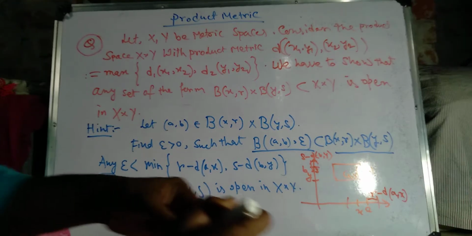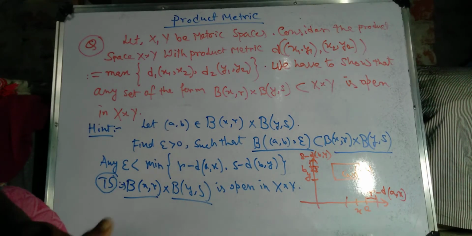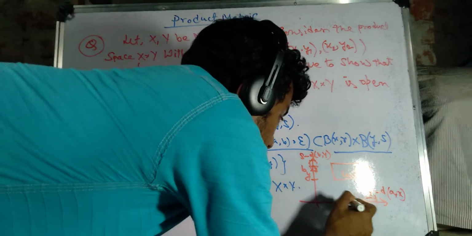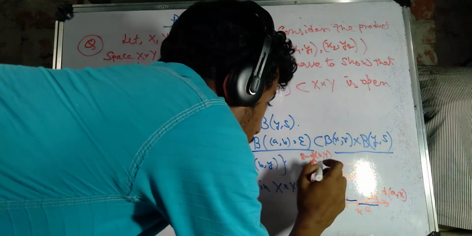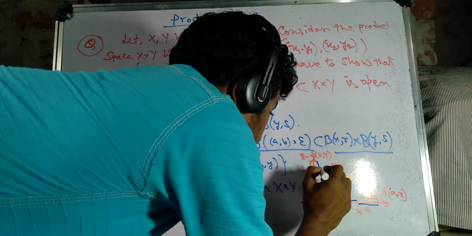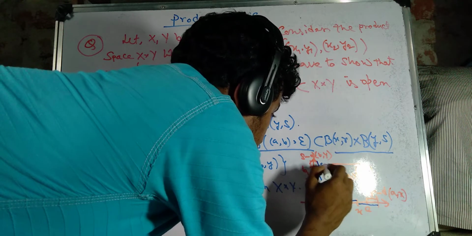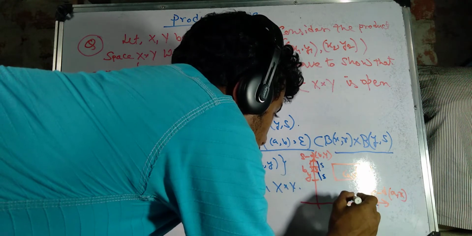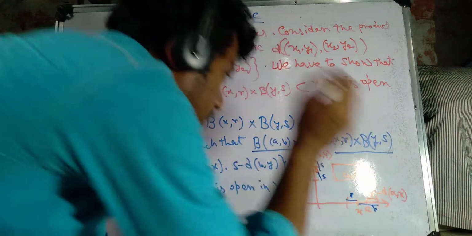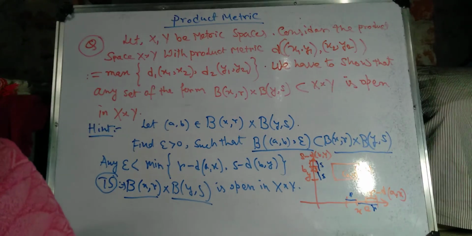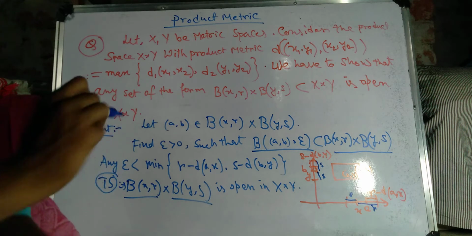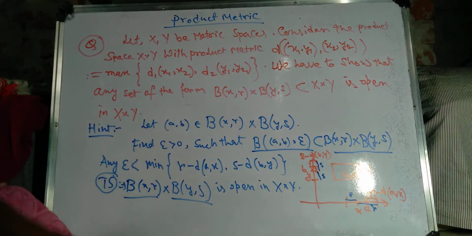So this one and this one is r, and this one and this one is s. This is r, but this one is r minus d(x, a). We take this, then obviously it becomes a solution.